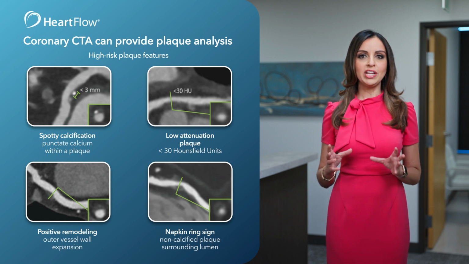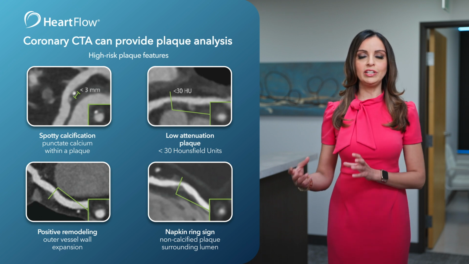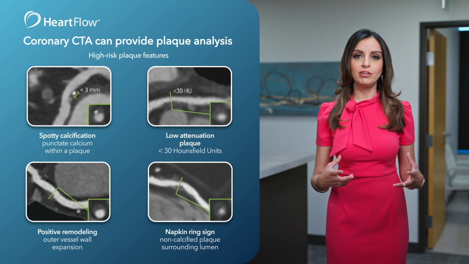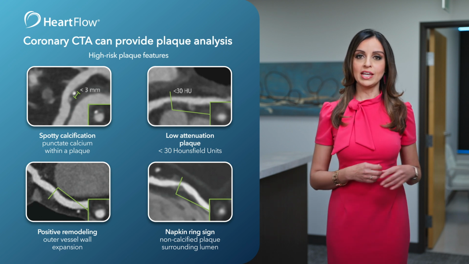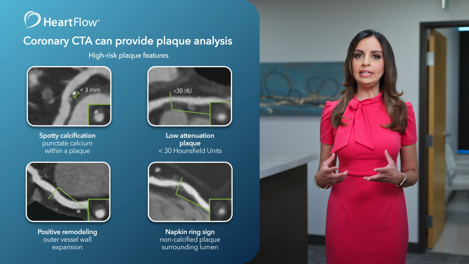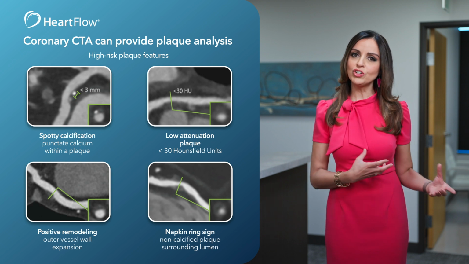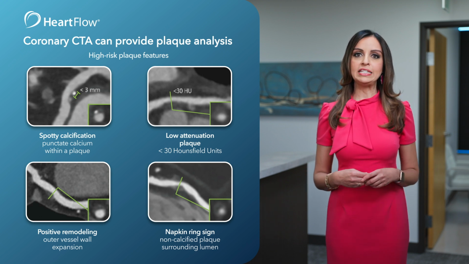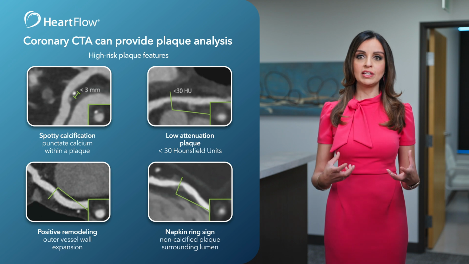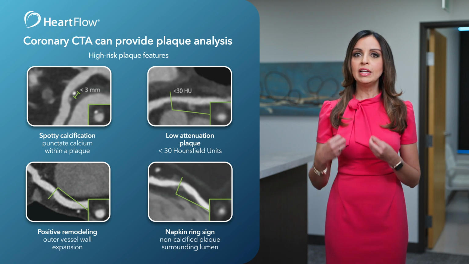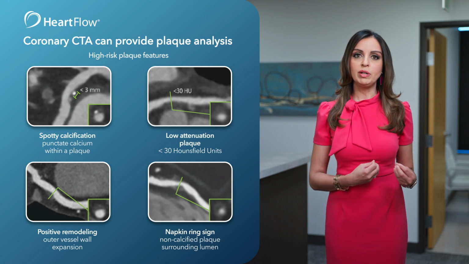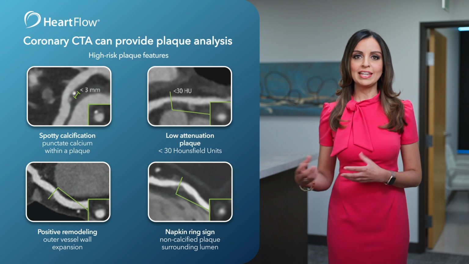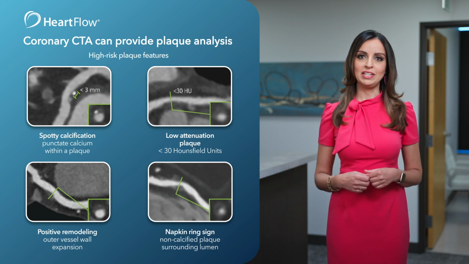Seeing plaque and understanding what it's made up of actually enables clinicians to prescribe the correct medical therapies with a lot less guesswork. And adding AI-enabled plaque quantification and characterization of a coronary CTA can tell you how the plaque looks. It can tell you if the plaque is stable, calcified, contributing to artery remodeling, or if it's high risk and likely needs more urgent treatment.